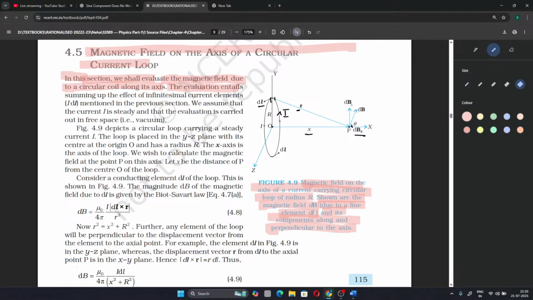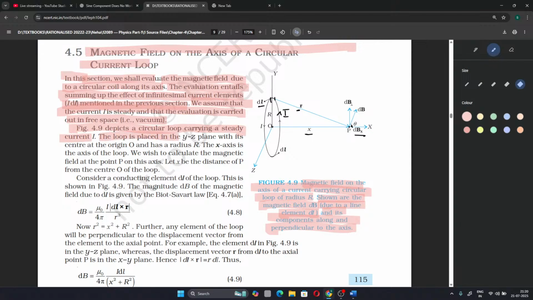The evaluation entails summing up the effect of infinitesimal current elements I dl mentioned in the previous section. We assume that the current I is steady and that the evaluation is carried out in free space, that is vacuum. Figure 4.9 depicts a circular loop carrying a steady current I.